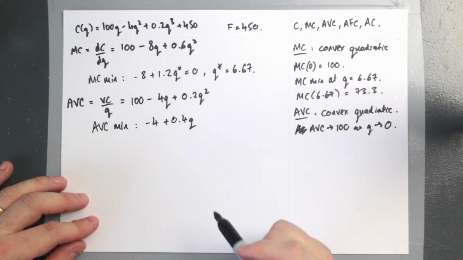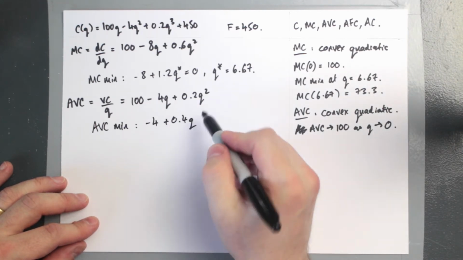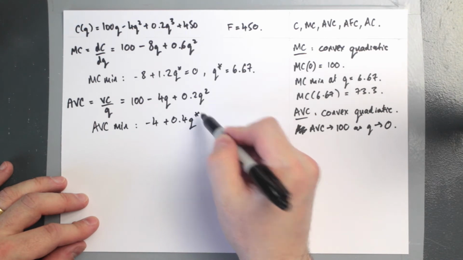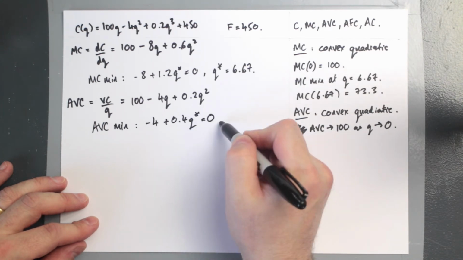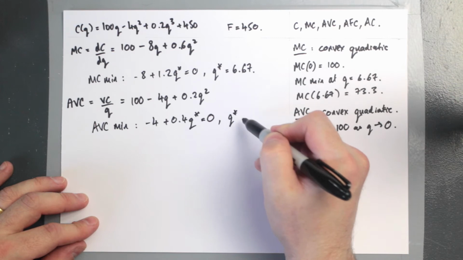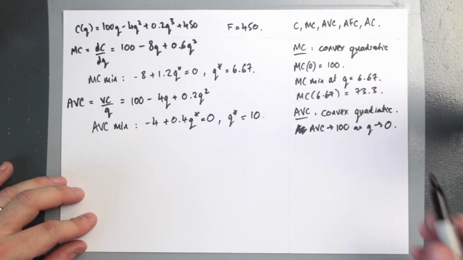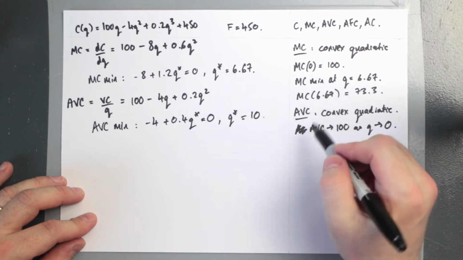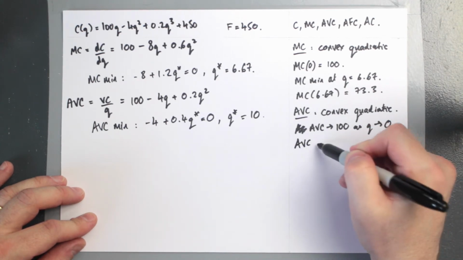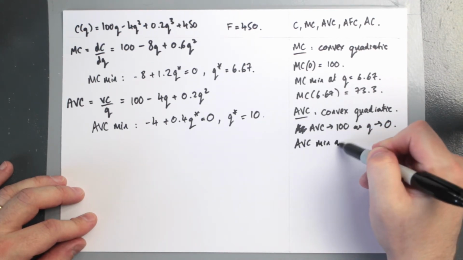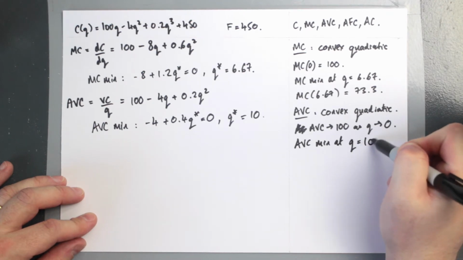That's the first derivative of the average variable cost function. And I'm looking for the particular q star that makes that 0. Okay, so q star would be 10, 4 divided by 0.4. Okay, so AVC min at q equal to 10.